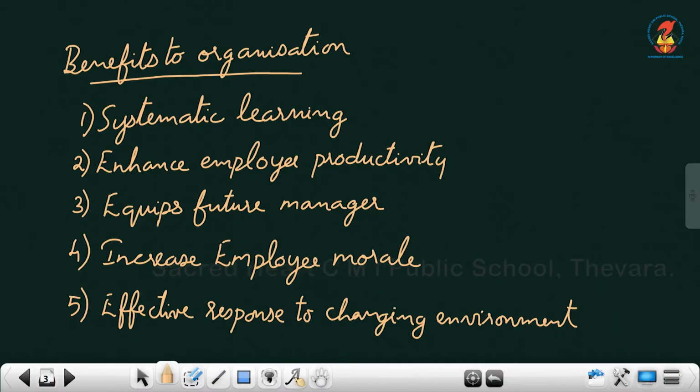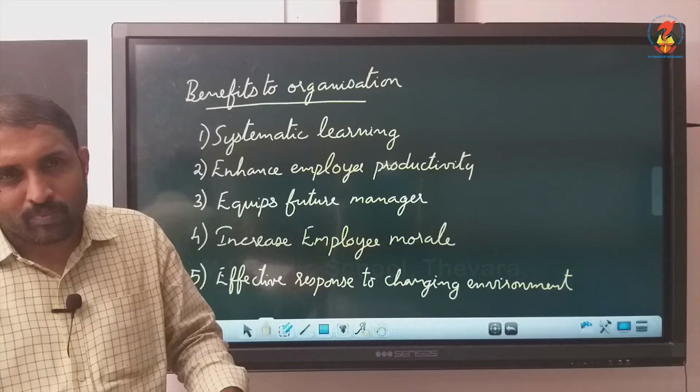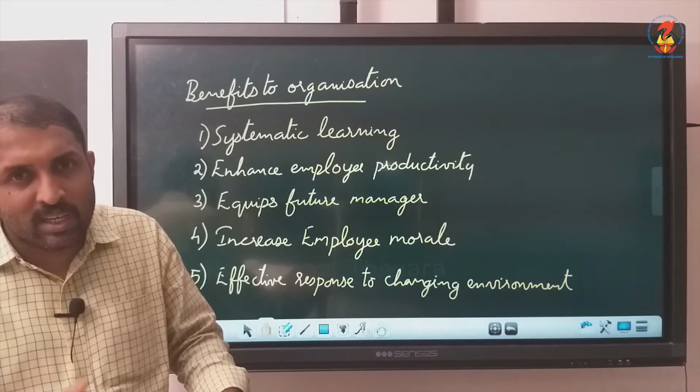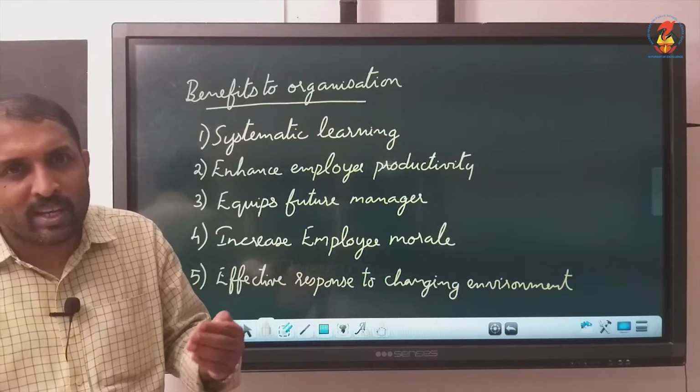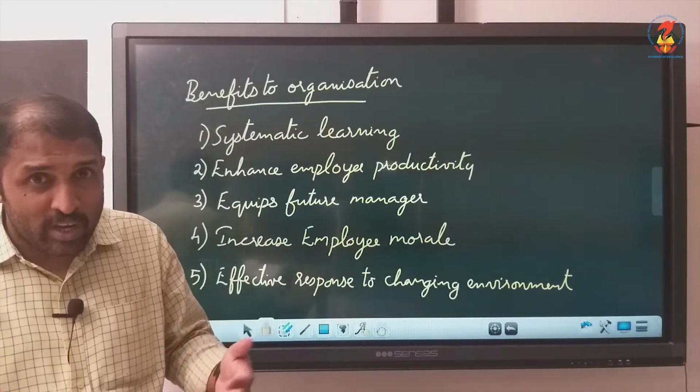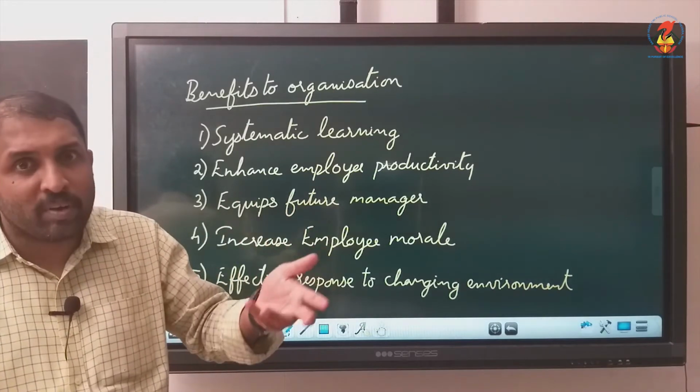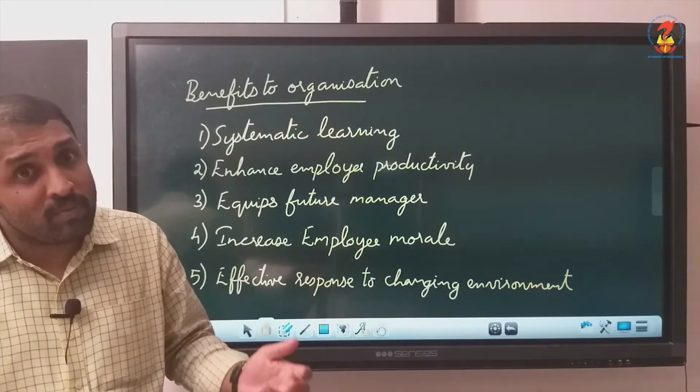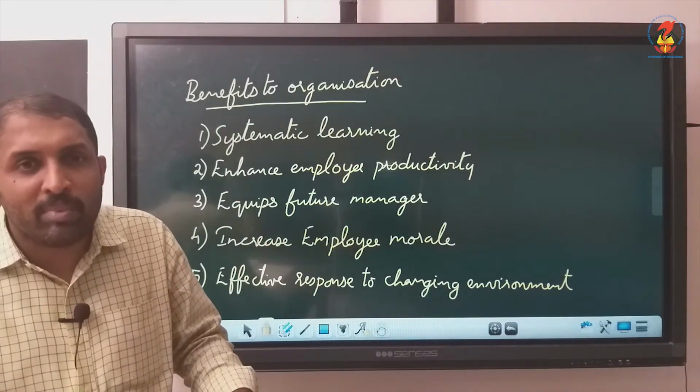Another benefit is that it enhances employee productivity. When an employee learns to do a job, instead of trying it and making mistakes and then learning from that, there is a lot of wastage and a lot of time taken.